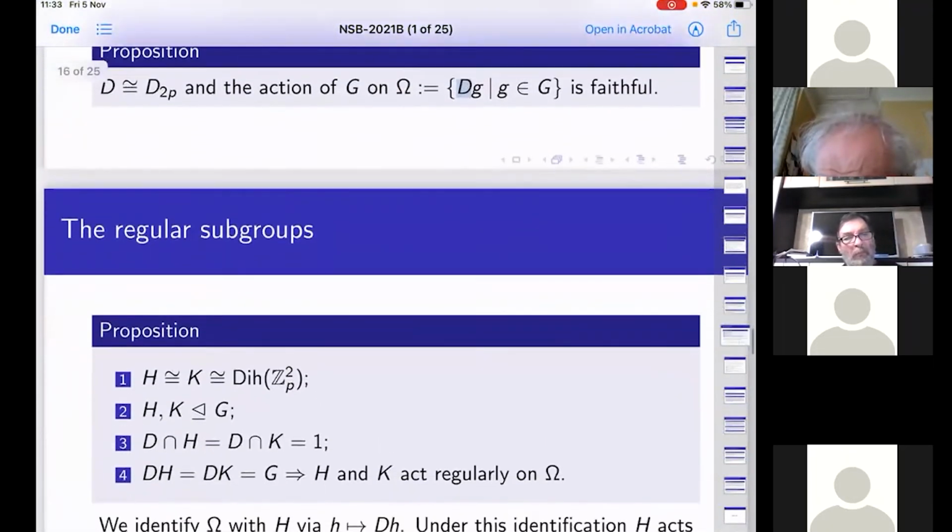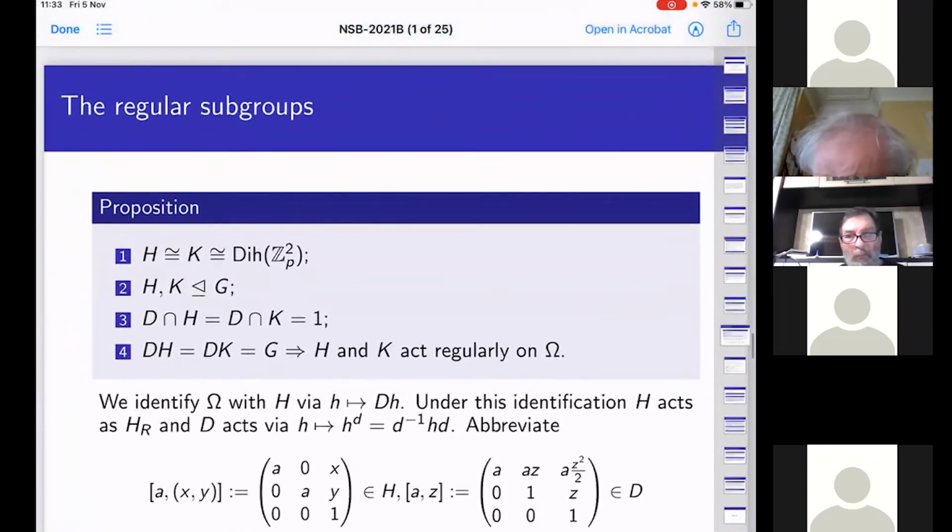The groups H and K that I mentioned before are isomorphic to the generalized dihedral group over Z_p squared. They are normal subgroups in G, so they are not conjugate in G. They intersect D trivially, and their product with D is equal to G. That means that H and K are regular subgroups in the action of G on the set omega.